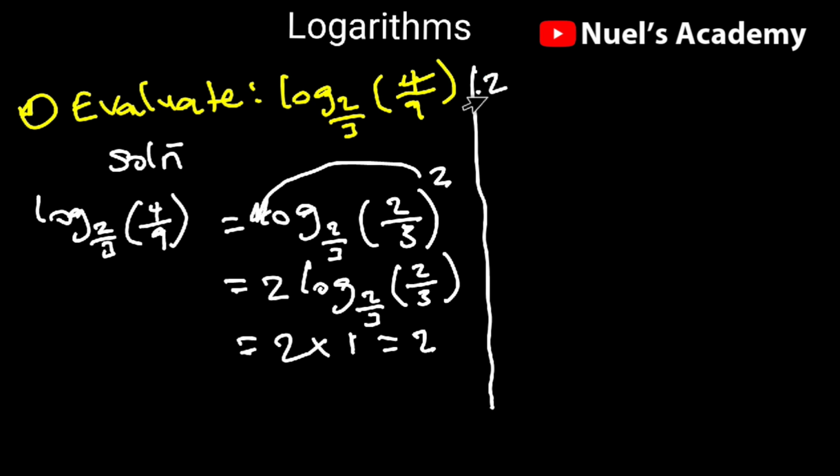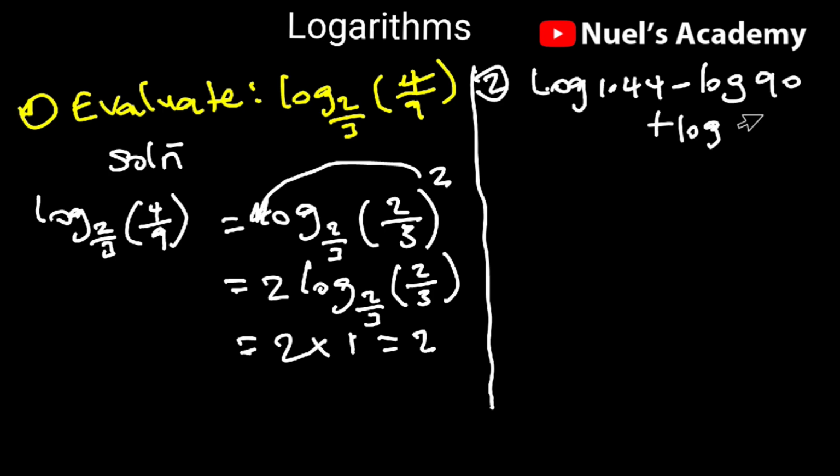So let's solve the second example. It states evaluate using table log 1.44 minus log 90, then plus log 0.0625. Alright, so solution, we have log 1.44 minus log 90 plus log 0.0625.